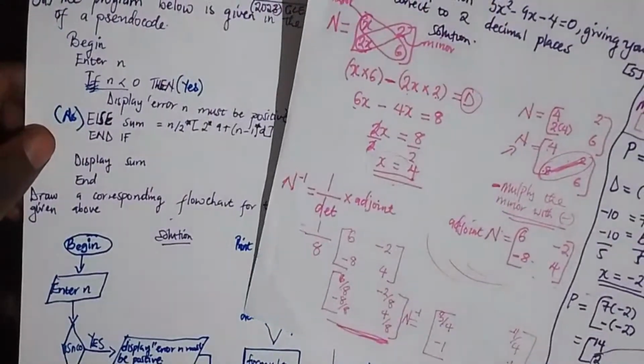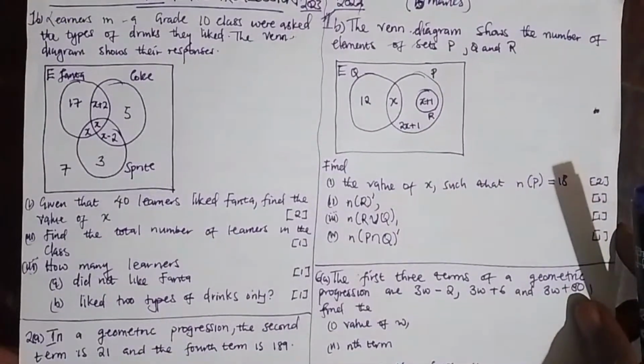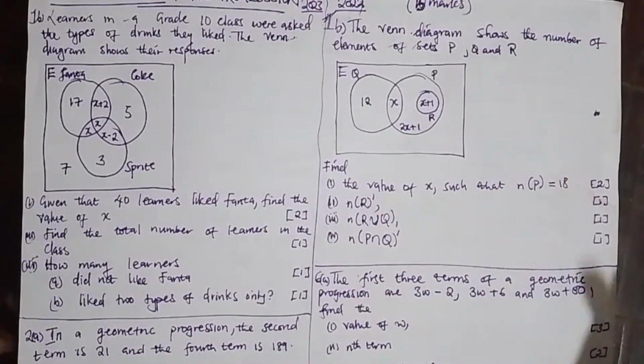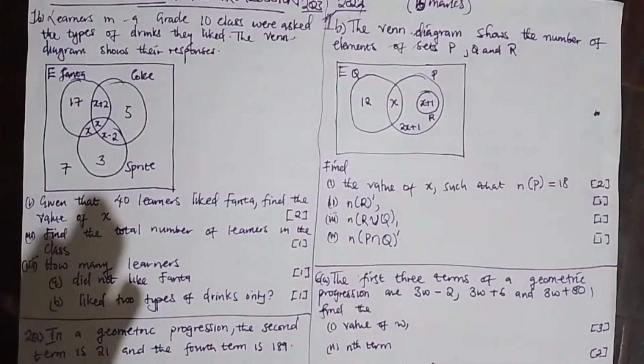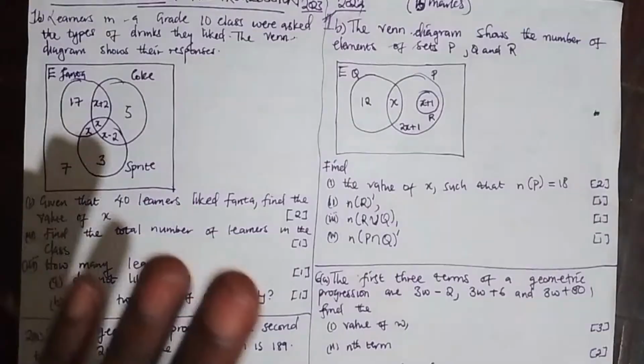So moving on to our next question. So our next question, which is very, very important, it's sets. So sets is another question which you need to solve on Monday in section A. So this is another simple topic.